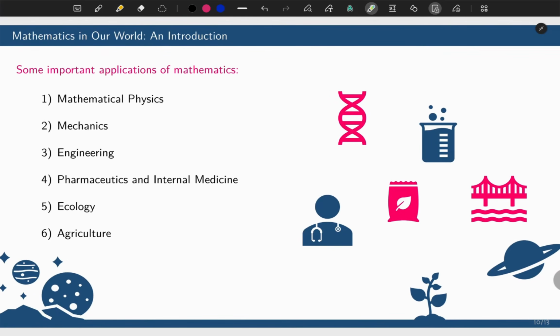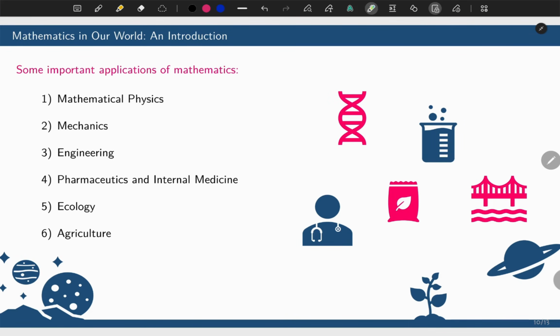These are 6 of many important applications of mathematics. Number 1, mathematical physics. Here, you discuss speed, velocity, forces, measurements, and other physical phenomena, and many concepts are represented or modeled by equations. Number 2, mechanics.